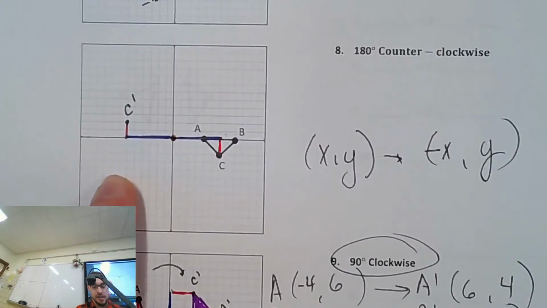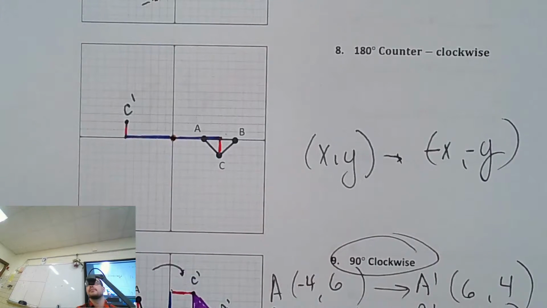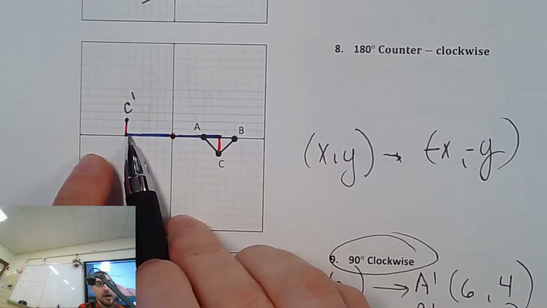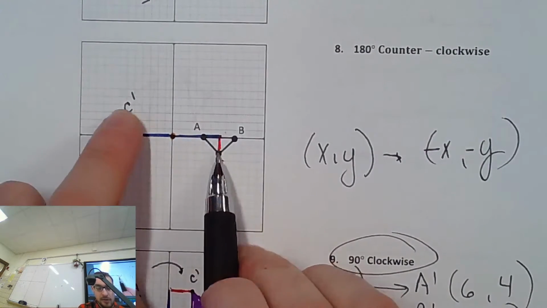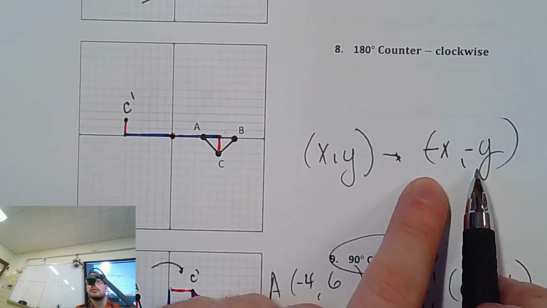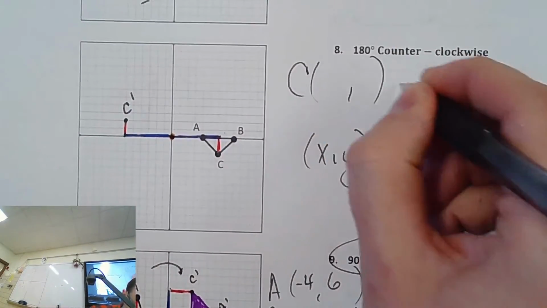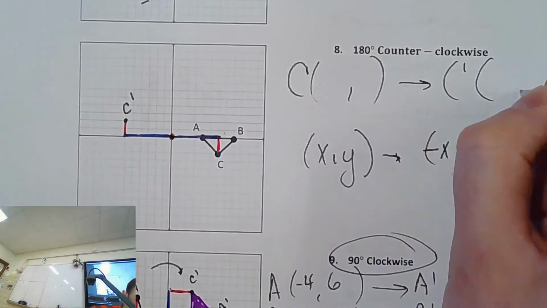Direction change, minus sign. This guy was going up, now he's going down. Direction change, minus sign. You smell what I'm stepping in. X and y stay the same here because still horizontal, still vertical. But the direction changed. So that's the formula. Now if we check that, here's C, and here's C prime.